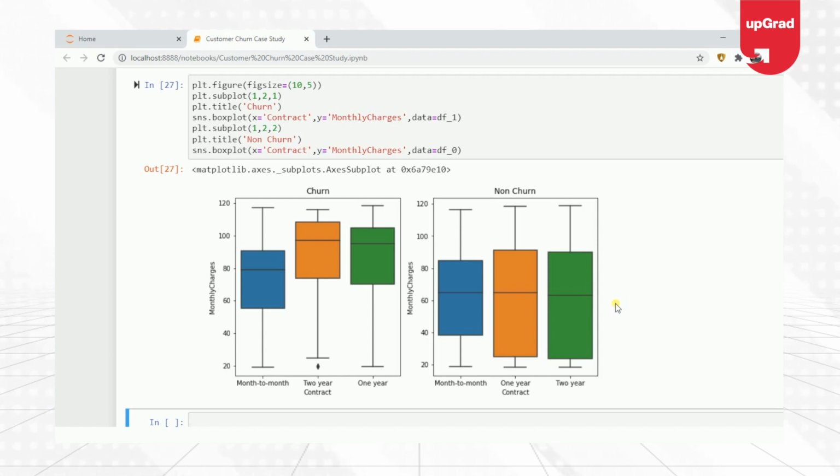So once again, the insight that we can draw from this plot is that the people who are spending a lot on their monthly charges tend to leave the network.